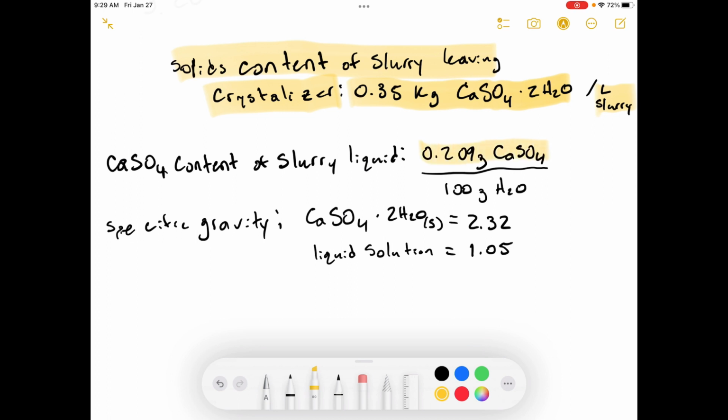There's a certain amount of salt dissolved into the liquid. So for every 100 grams of liquid, we have a certain mass of salt in that liquid. The specific gravity of the solid gypsum is 2.32, and the specific gravity of the liquid solution with the salt content is 1.05.